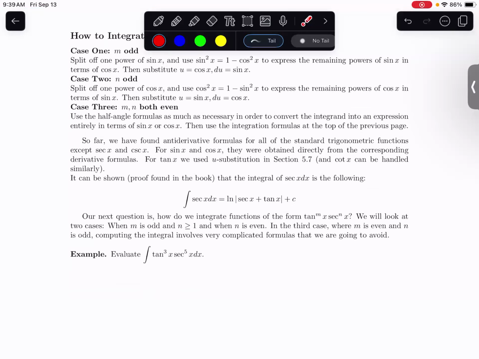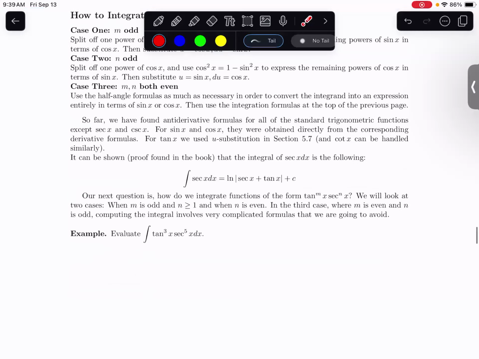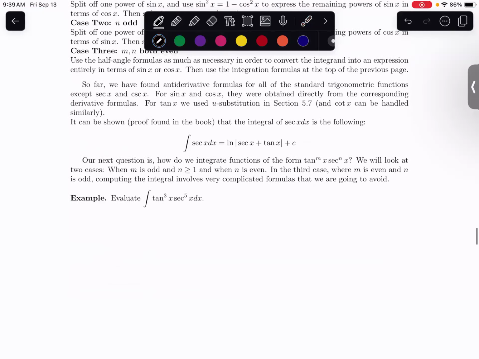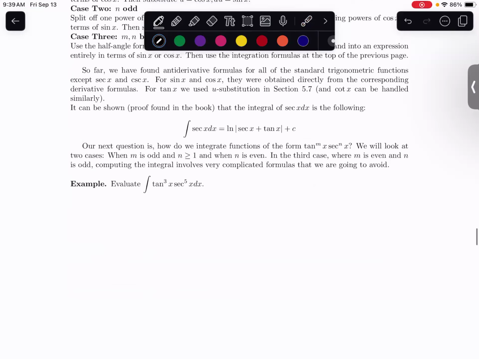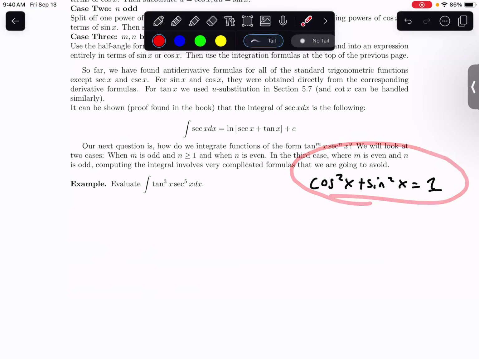The main trig identity we're going to be utilizing in these situations is the following. We have cosine squared plus sine squared of x, and we know this is equal to 1. If we want to transform this equation so that it involves secant and tangent, we divide both sides by cosine squared.